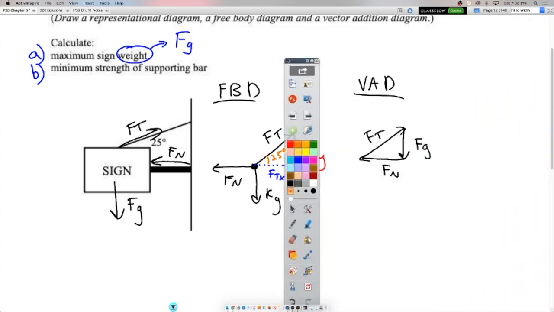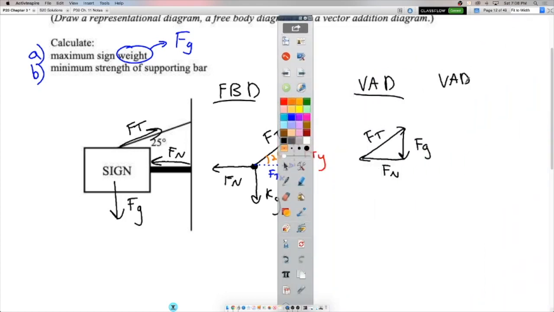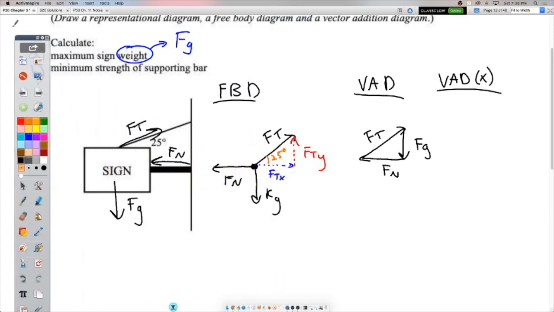Just for understanding it a bit better, let's do our x-axis VAD. What's that look like? Well, what has an x component? If we come back to our free body here, we have FTX off this way, but bringing it right back to 0 overall, because if the net force is 0, then the x net force better be 0 as well. So that's FTX, that's FN, okay?